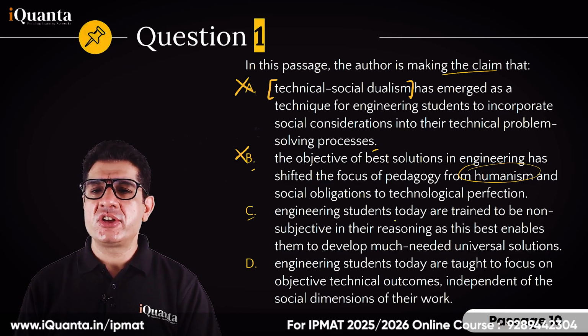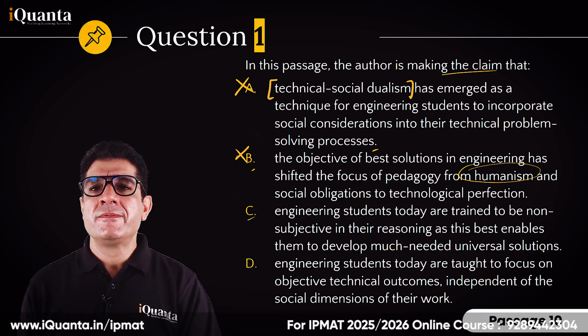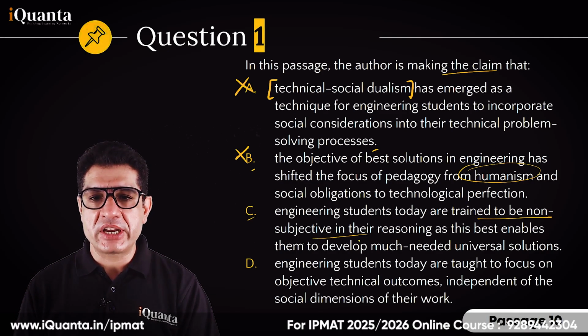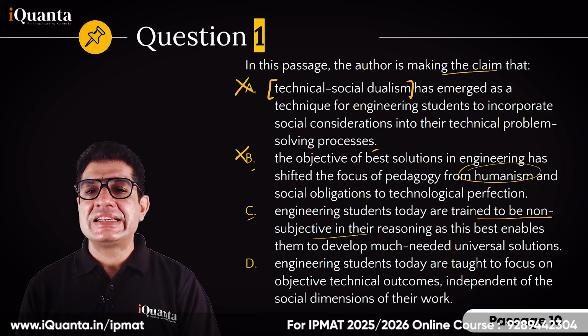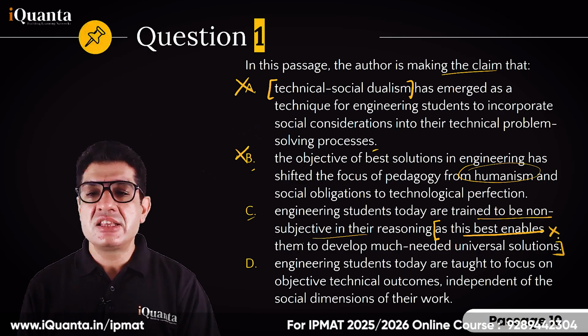See, engineering students today are trained to be non-subjective in their reasoning, as this best enables them to develop much needed universal solutions. So the author is making the claim that yes, they are trained to be non-subjective, but then the latter part, it says as this best enables them to develop much needed universal solutions. This is not right.